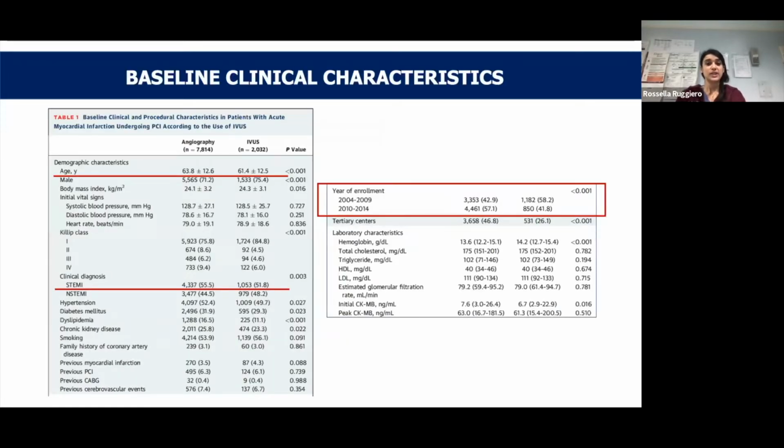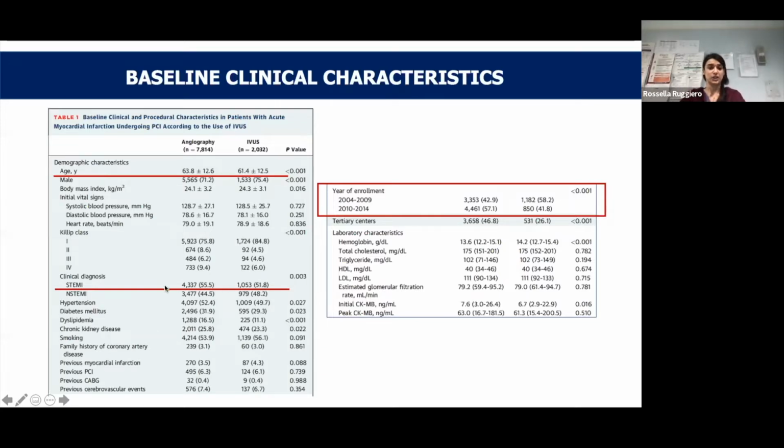In these slides, you can see the baseline characteristics of our patients. Overall, the two groups had more or less the same characteristics, and were young patients. As you can see, in the IVUS-guided PCI group, the patients were younger compared to angiographic-guided PCI.